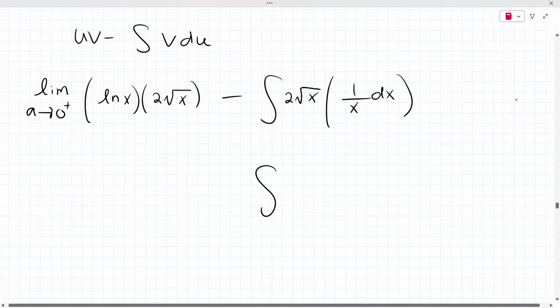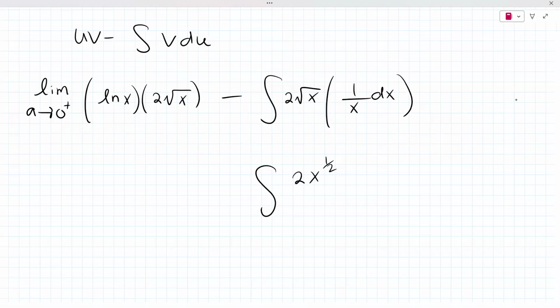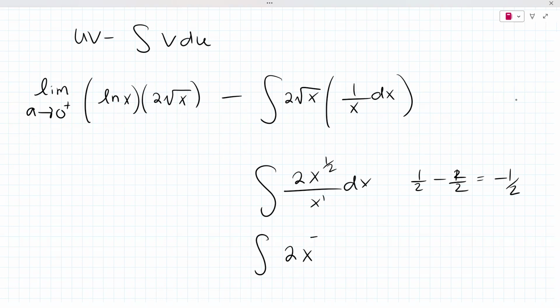This simplifies: 2 square root of x is the same thing as 2x to the 1/2, over x to the 1, dx, and then old power minus 1, so 1/2 minus 1, or 2 over 2, is negative 1/2. That's going to be 2x to the negative 1/2 dx.